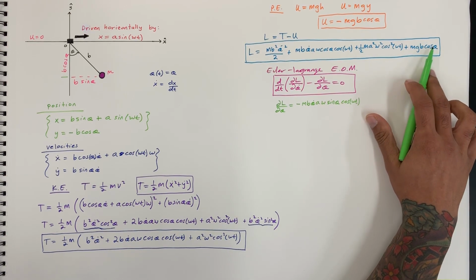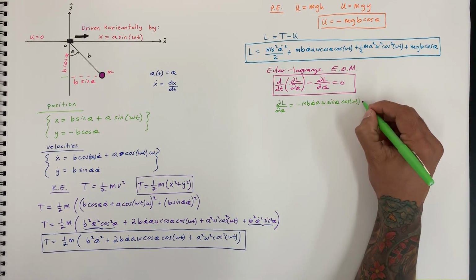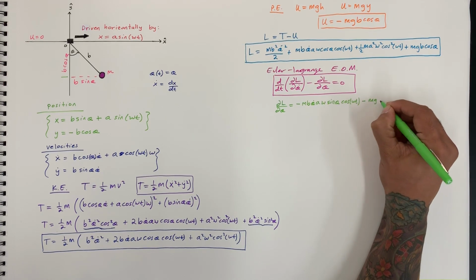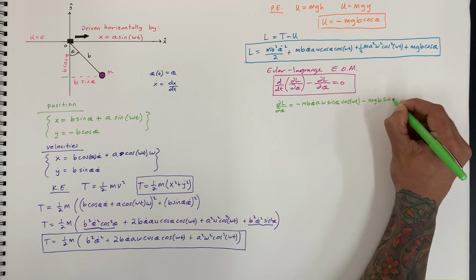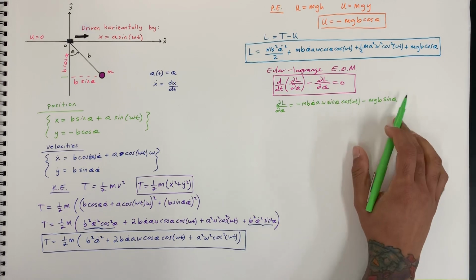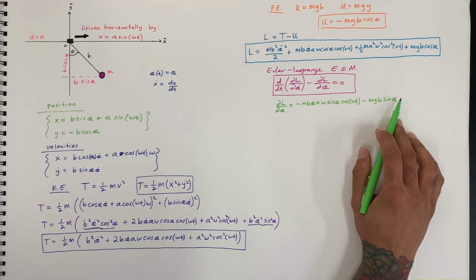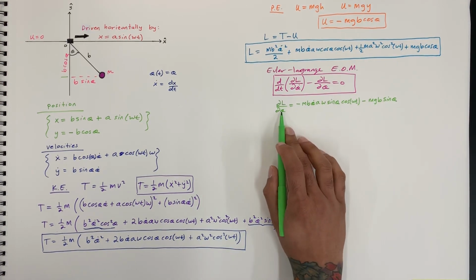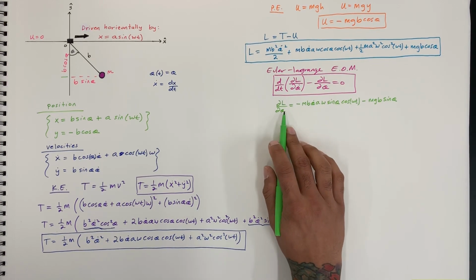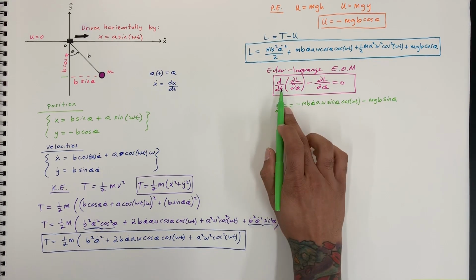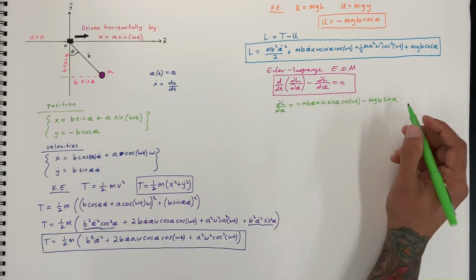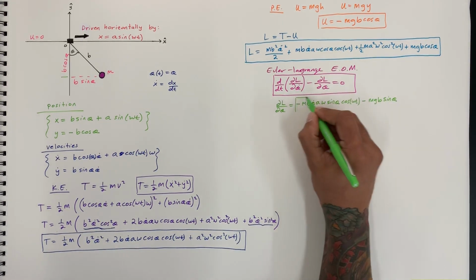So the derivative of cosine is again negative sine. So we have negative mgb sine theta. All right, and we don't do the theta dot or the chain rule because remember, we're just taking the partial derivative with respect to theta. So we're not doing the derivative with respect to time. So this is what we get here.